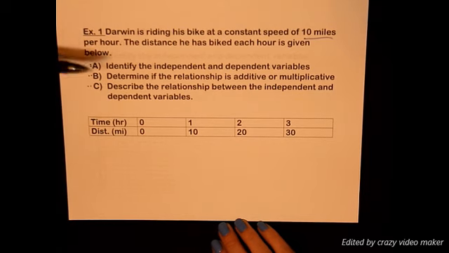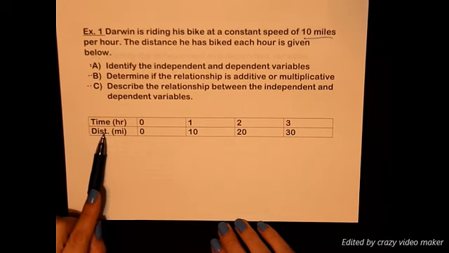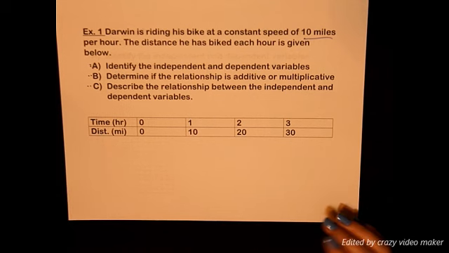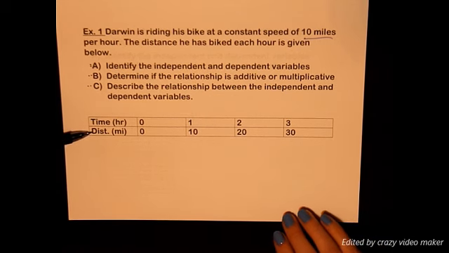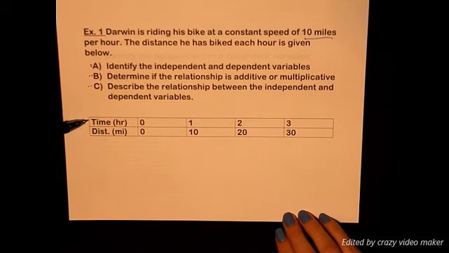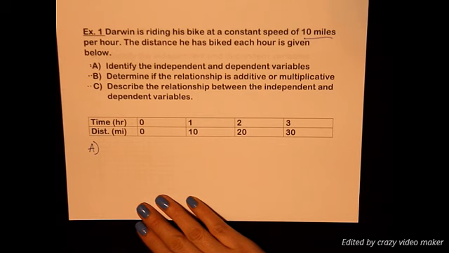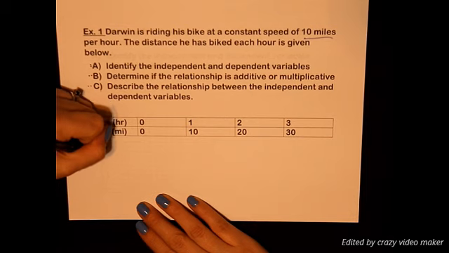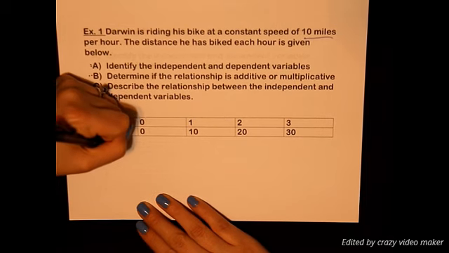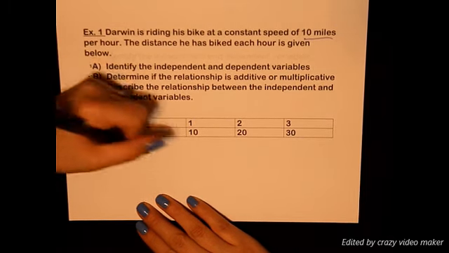So we look here. You got time and you've got distance. Think about it. Does your distance depend upon the time you're riding the bike, or does the time you're riding the bike depend upon the distance? It makes more sense that the distance depends upon the time. So since the distance is depending upon something else, your distance is the dependent variable.